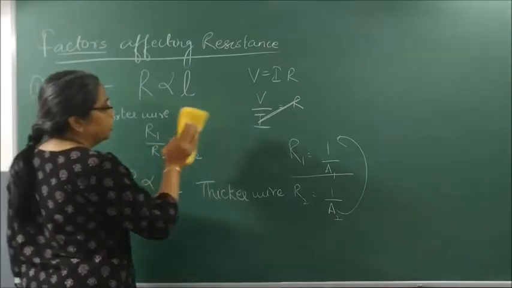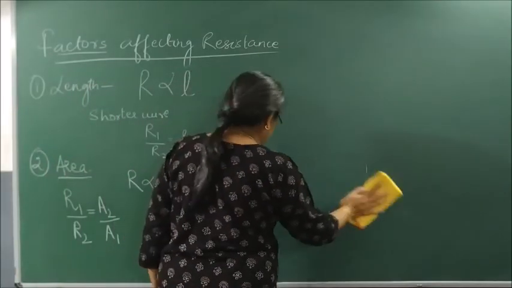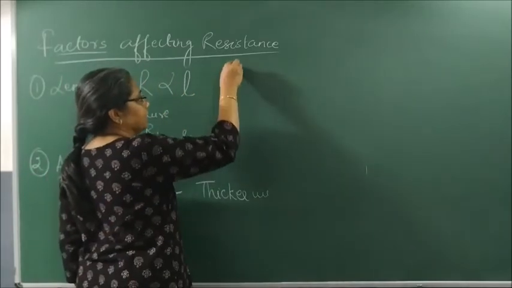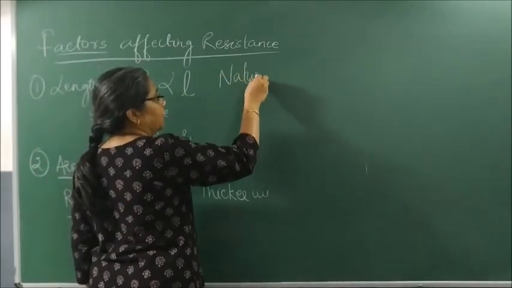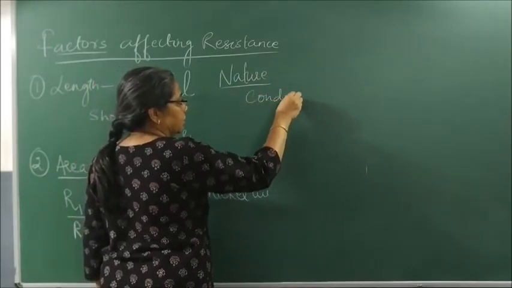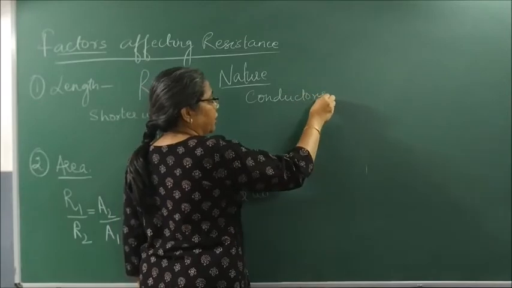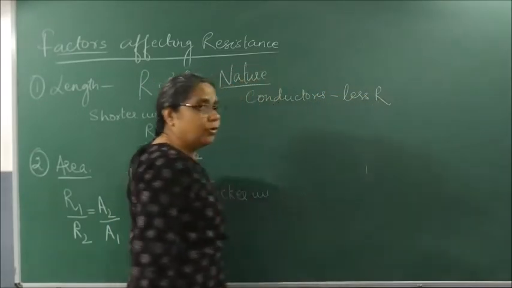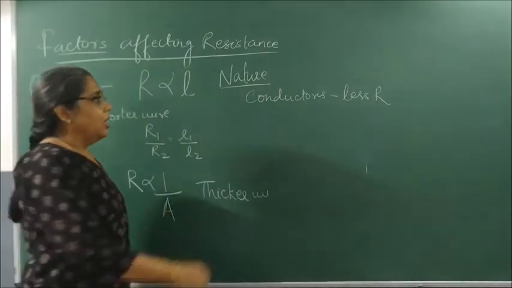Now, the third factor, which we said, is what? Nature of material. It is the nature of material with which our resistance is made. So in nature of material, conductors offer less resistance as they allow the flow of current easily.